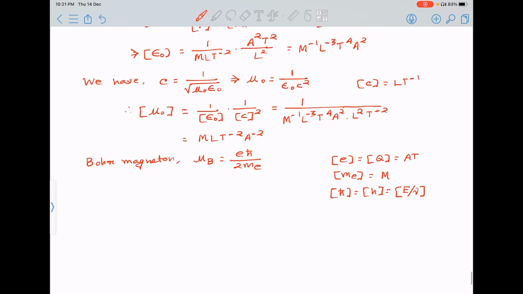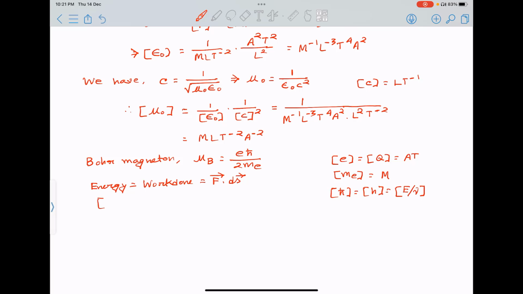Now E, or the energy, can be written as work done, that is in the form of F dot ds. So the dimension of energy would be the dimension of force times displacement.